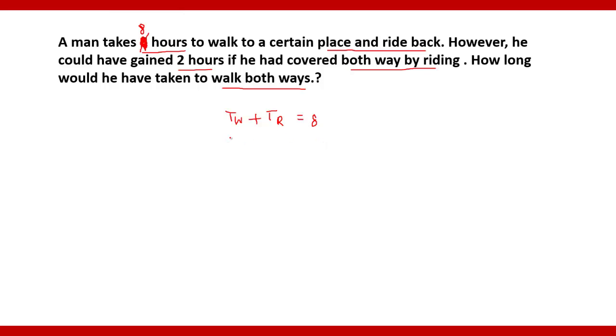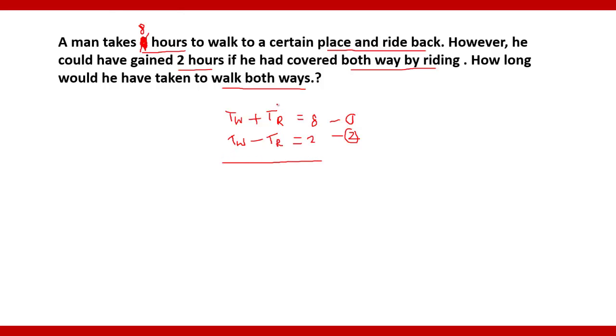It means that the walking time minus riding time, the difference between these two should be 2 hours. This is equation number 1 and this is equation number 2. Solve these two equations simultaneously and you will get the answer.